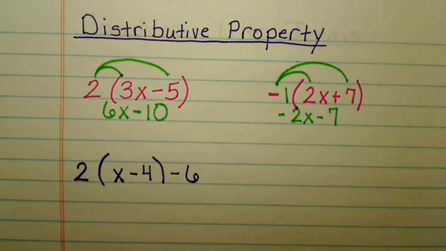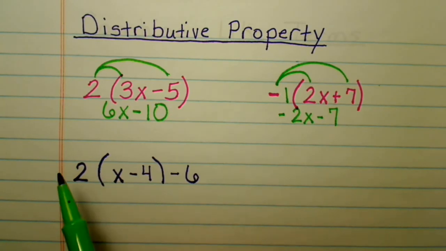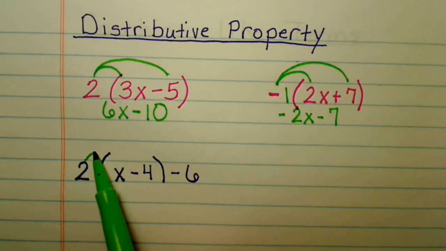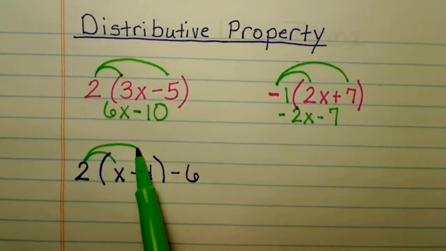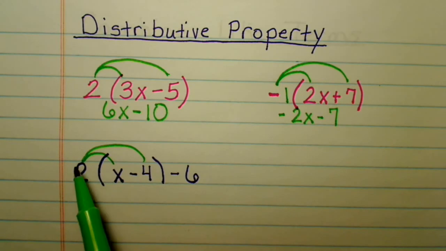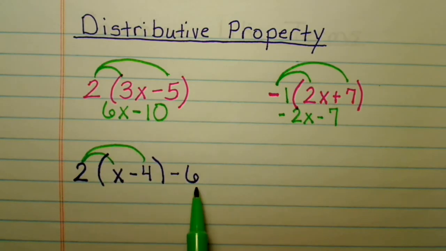Okay, so we're going to use the distributive property, and here's what I want you to be sure to do. You're going to want to multiply this number in the front times everything inside of the parentheses. Do not multiply it times this number on the outside. You only distribute to what's inside.